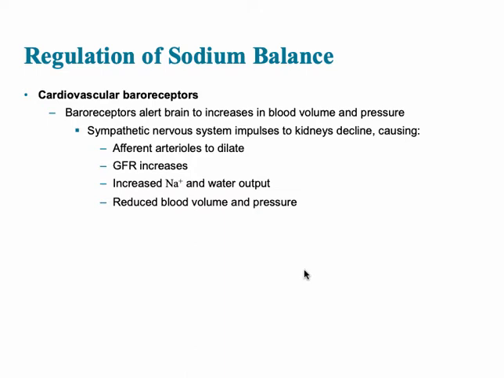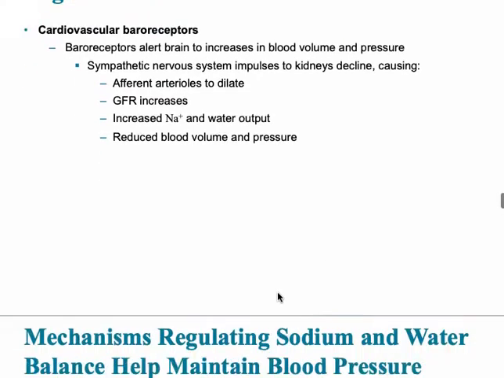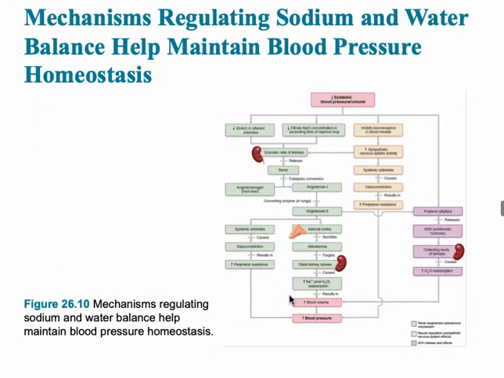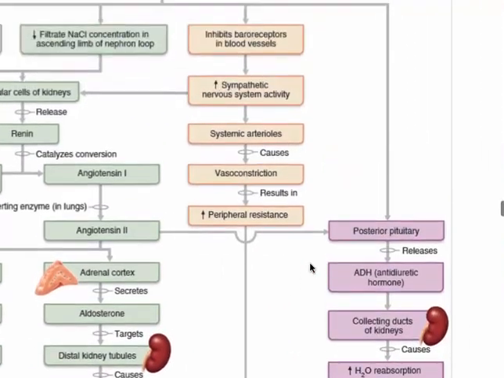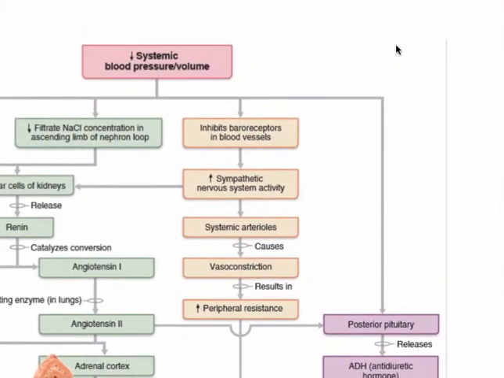So that's the neural stimulus. And all of these combined are shown on this next slide here. So if I zoom in on this beige color right here, the stimulus that triggers all of these is a drop in blood pressure.